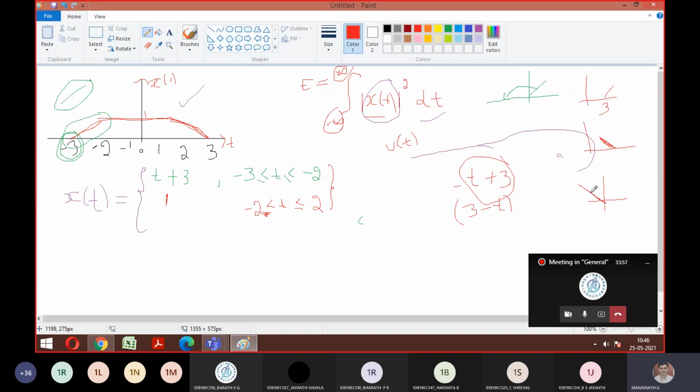For this, I told you to delay by 3. So is it the same answer? I hope everyone remembers this shifting concept. So while writing this, I can write the expression as 3 minus t, or if you write minus 3 plus t, it is nothing but the same. Is it okay to everyone?